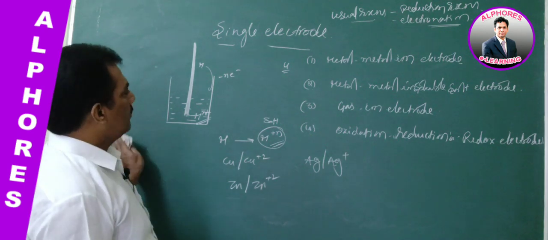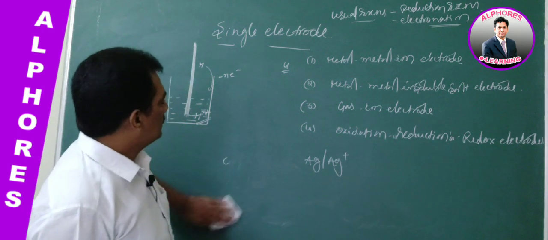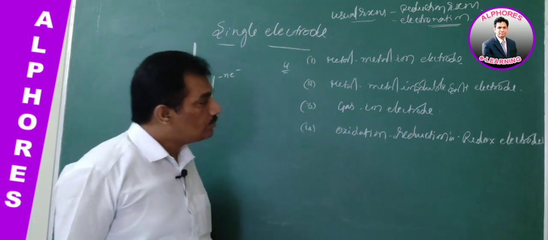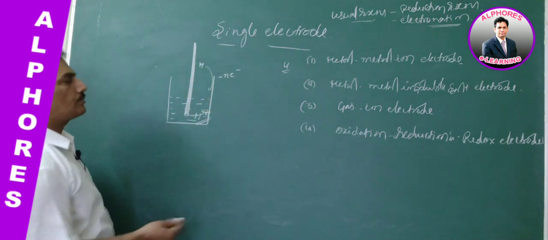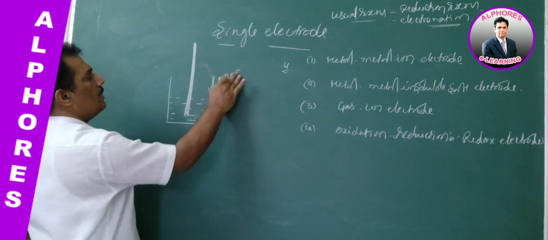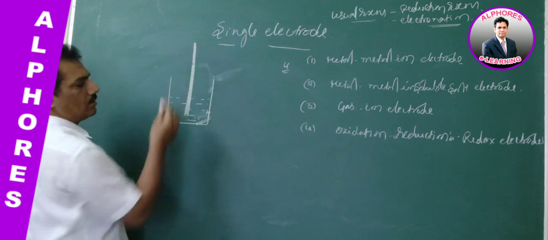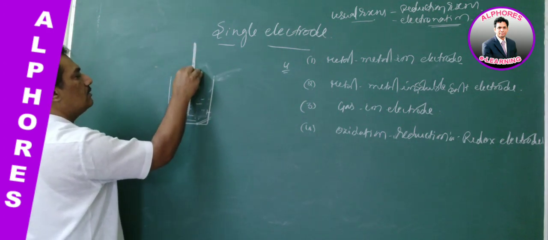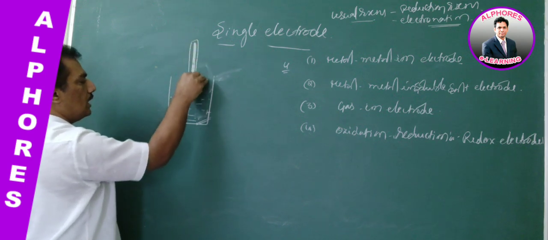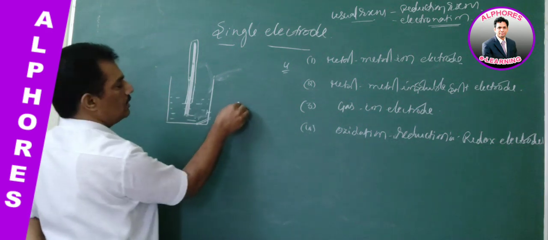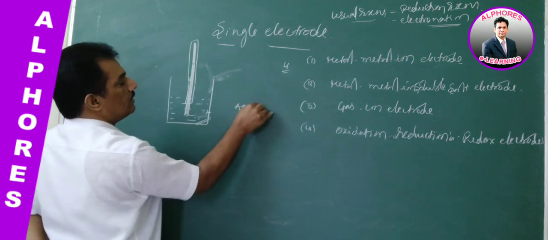And now when we are considering the second one, that is the metal insoluble salt electrode. Simply here let me consider one example. Any metal is taken, this is the metal rod, and now this metal rod is covered with its sparingly soluble salt. Say for example silver, it is covered with AgCl.